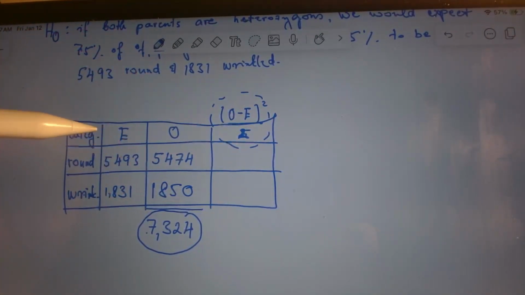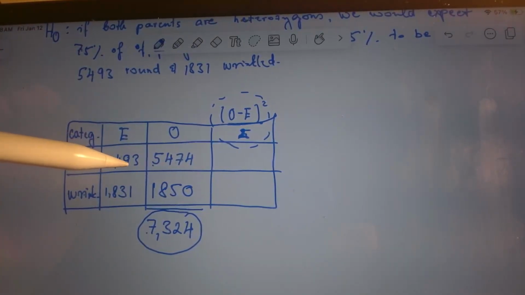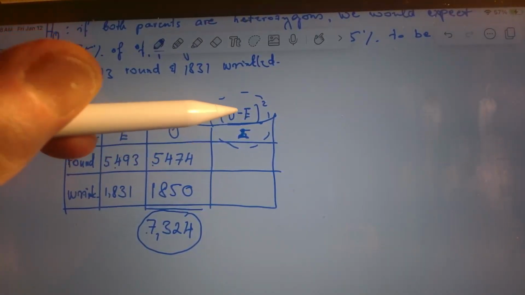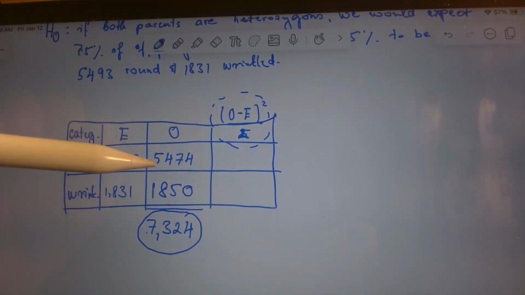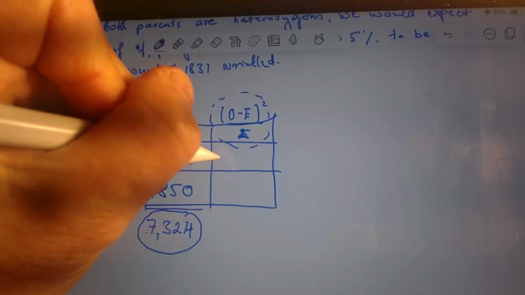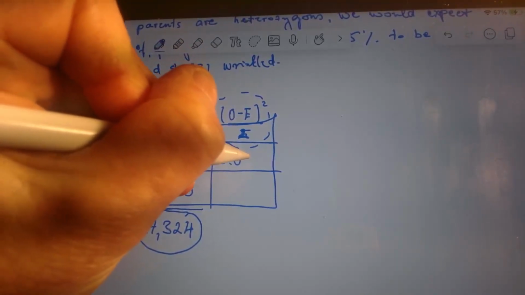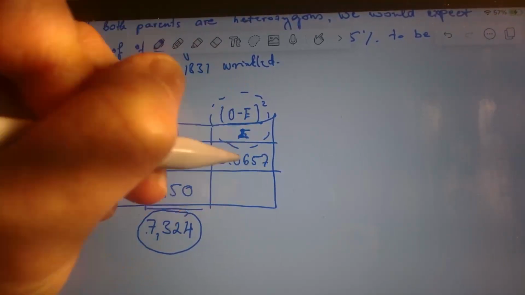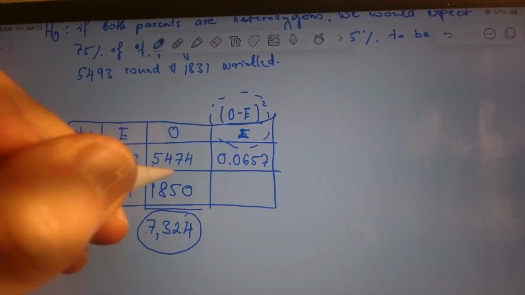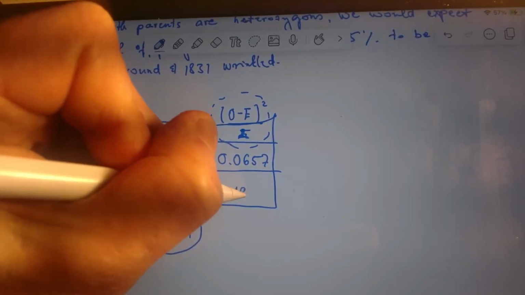Okay, so you will just do 5,474 minus 5,493, subtract, square them, and divide by the expected value, and you will get 0.0657. For the second it is 0.197.